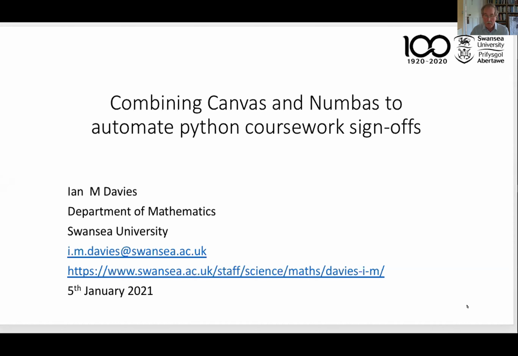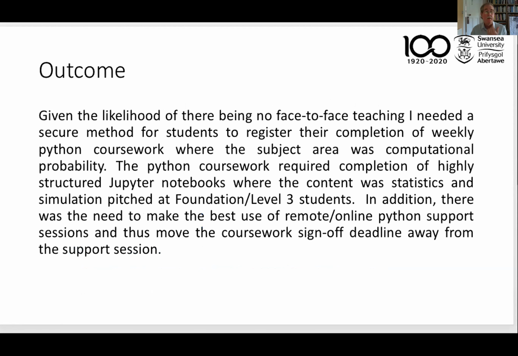Now, with the lockdown in place and working on the principle that we wouldn't be able to do that, I had to rejig how things would work very quickly and try and work out a way to maintain the integrity of the sign-offs but allow students to do this remotely if they were not in residence.